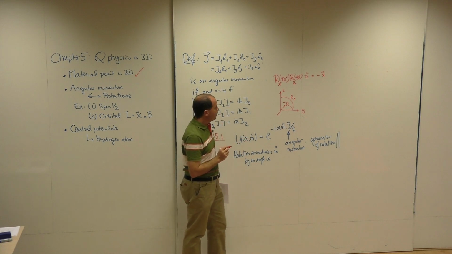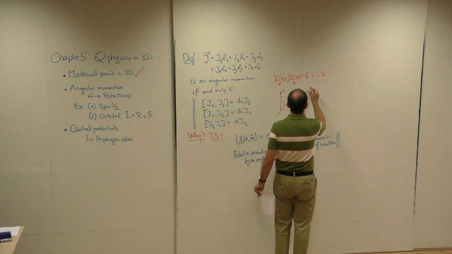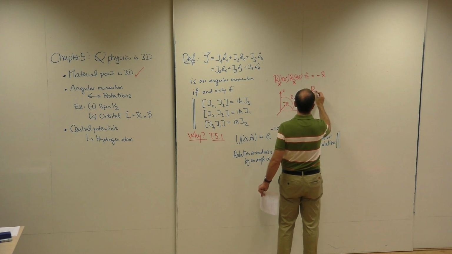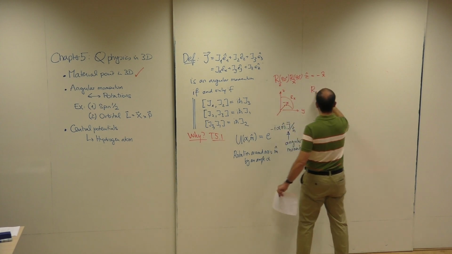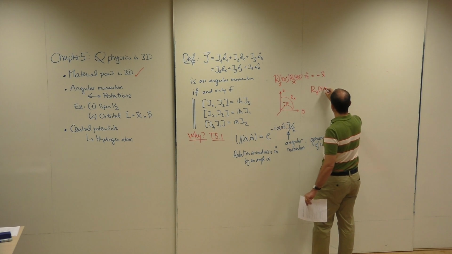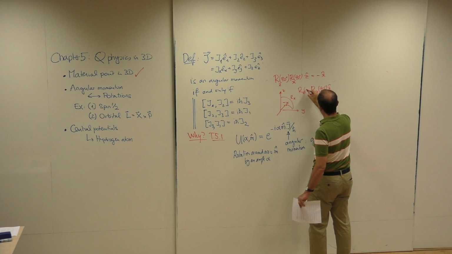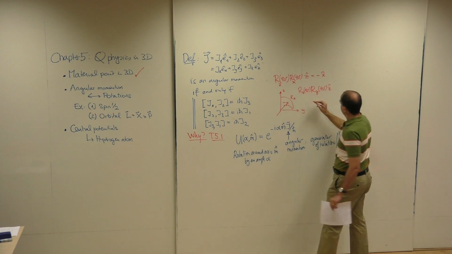If I were to do the opposite, first the rotation around z, and then the rotation around x, what happens?